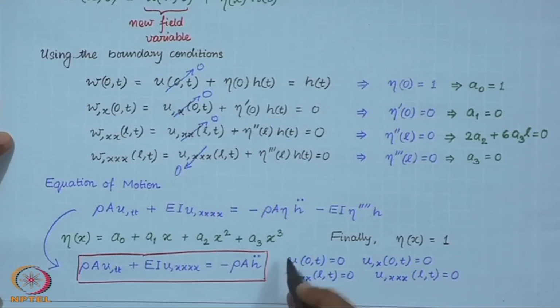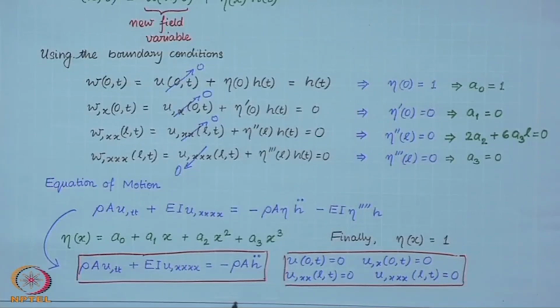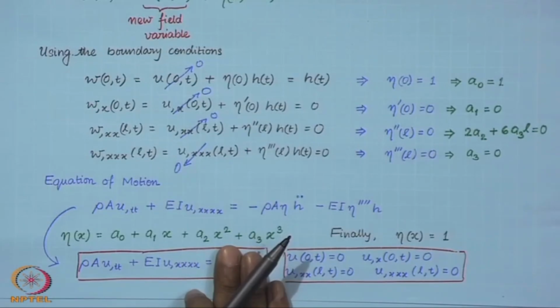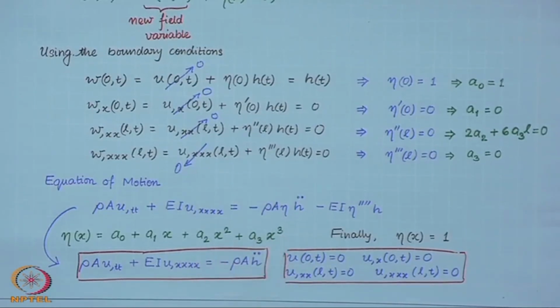So, these are the boundary conditions. So, we have now a system which is forced, but has homogeneous boundary conditions. Now, if you perform the modal analysis of the unforced system, which is nothing but a normal cantilever beam, then you can use the eigenfunctions of the unforced system to solve the forced vibration problem.